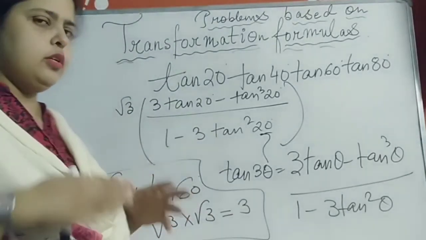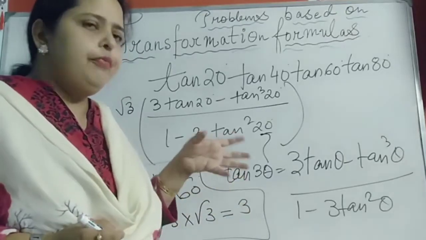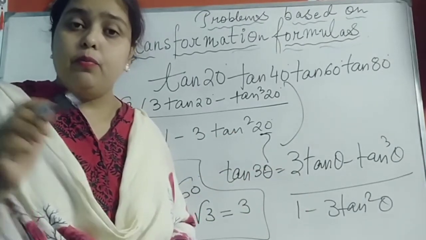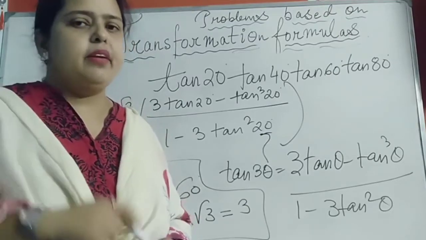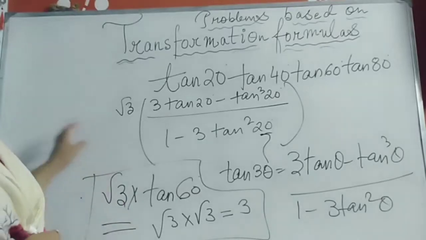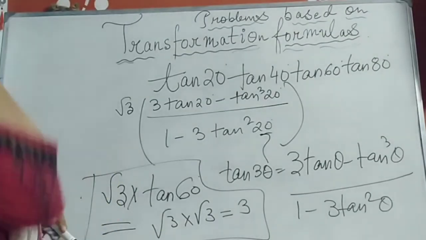I have explained it, so it might look bigger. But these are only a few lines and my problem is done. And if you move on with sin cos, it might take a few more lines. So this is the process. I hope you like it and try out these problems.